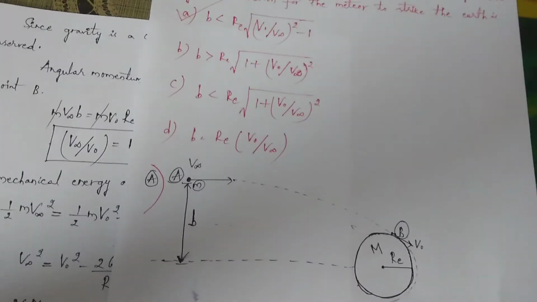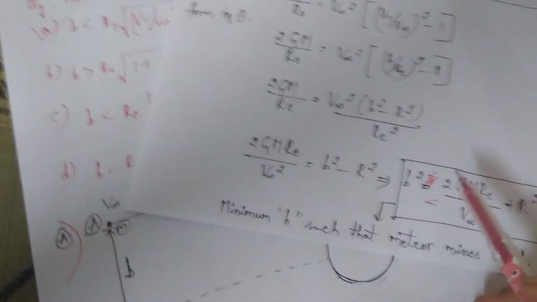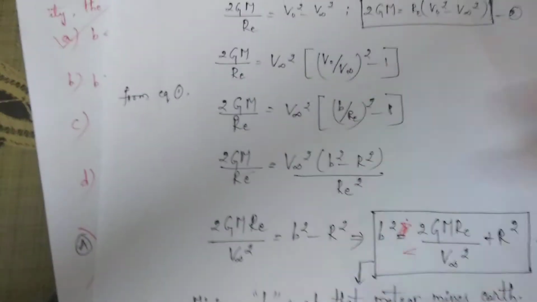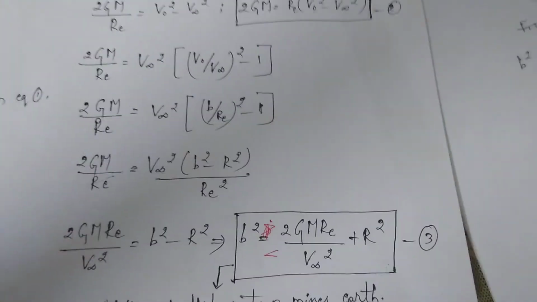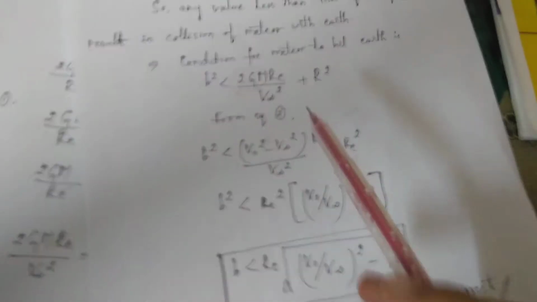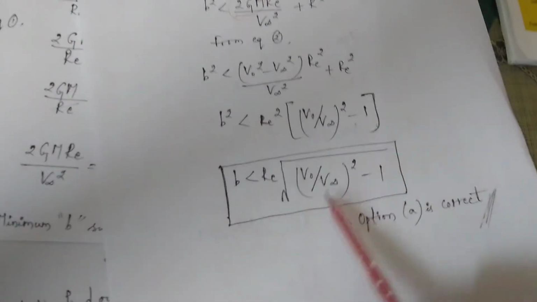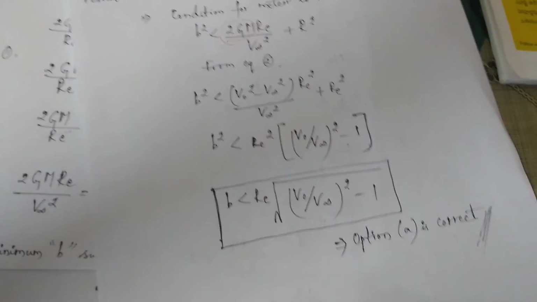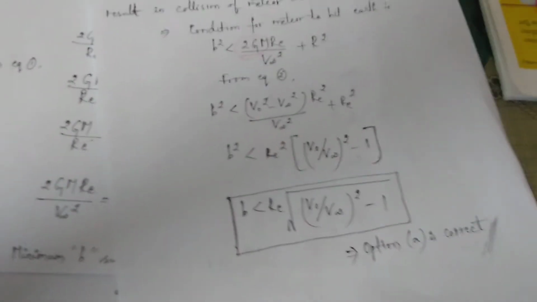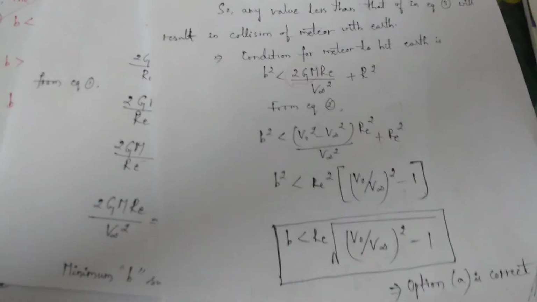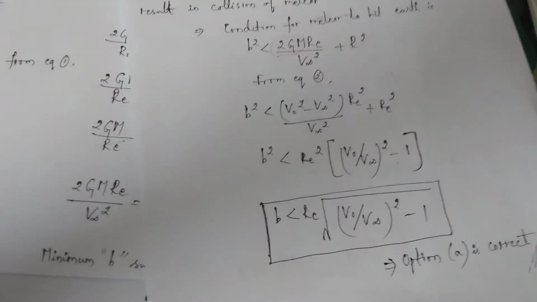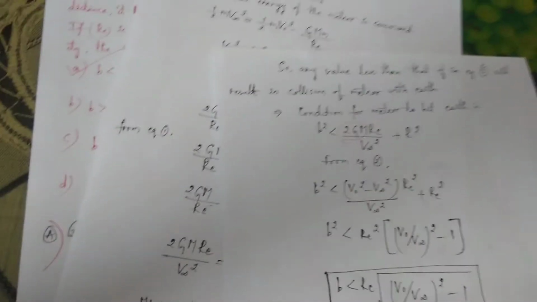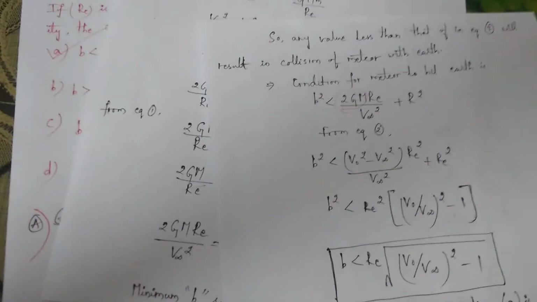We found out the situation for the meteor missing the planet, and from there we concluded what the condition would be if the meteor strikes the planet, and we did the math and finally got this answer. This problem is, I think, a little bit difficult for a novice physicist, but if you work it out 2 to 3 times, it will be no big deal. Trust me, this is a very basic concept. Only 3 steps are involved.